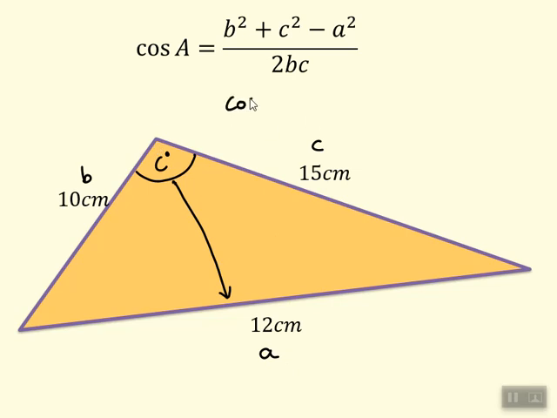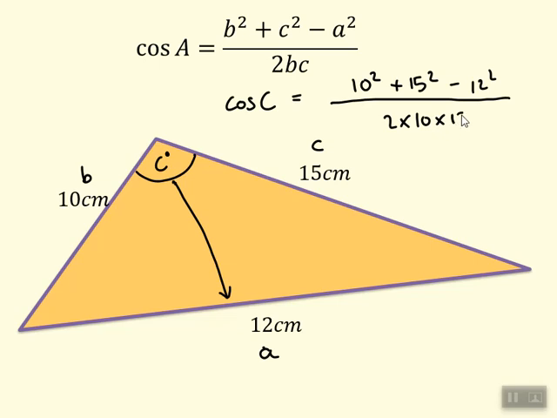So cos C is equal to, okay, so B is 10, so 10 squared plus 15 squared, take away, in this case it would have to be 12 squared, divided by 2 times 10 times 15. Okay, and let's just do it all in one go. So I'm going to do cos to the minus 1 of whatever fraction this thing turns out to be, and that's going to be my angle C for this corner.